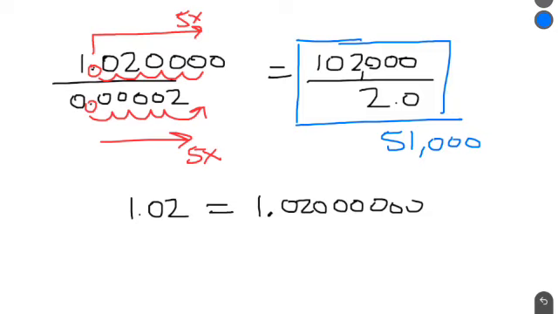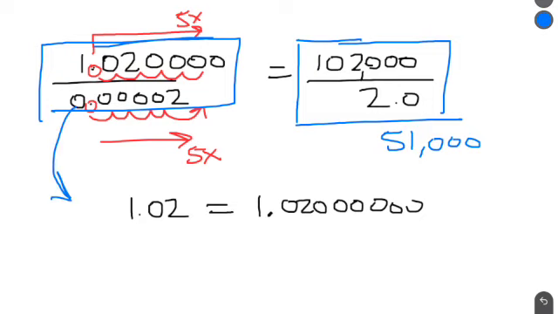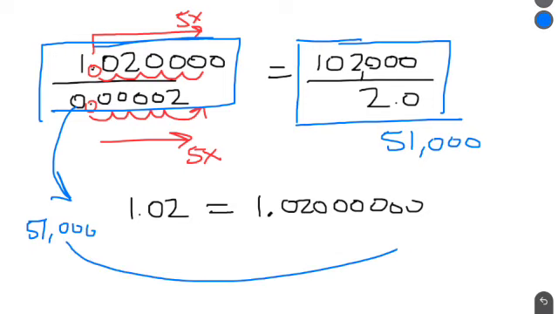We see that the answer is 51,000. Now we'll reset our calculator and put in this problem: 1.02 divided by 0.00002. We see that the answer is 51,000. It's the same answer, so the approach is the same.